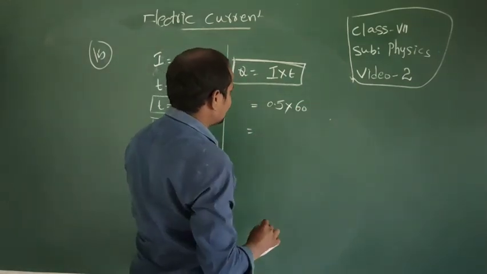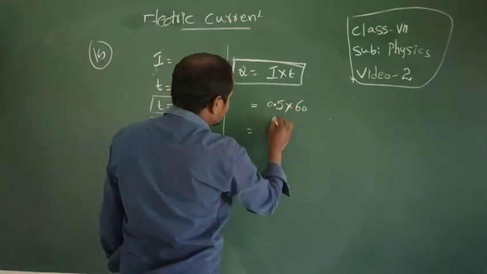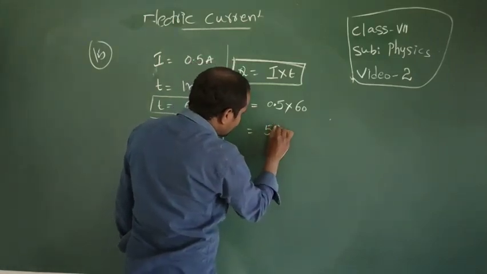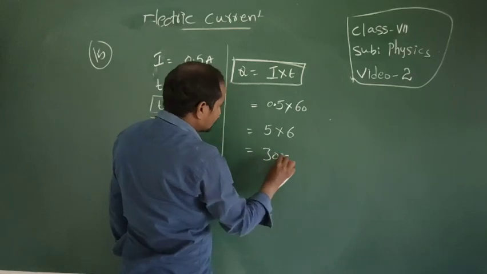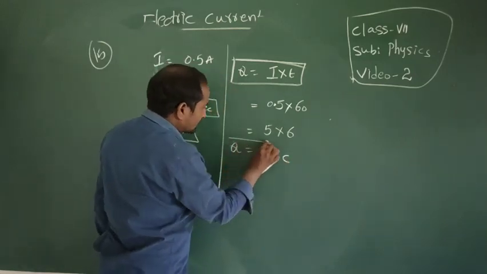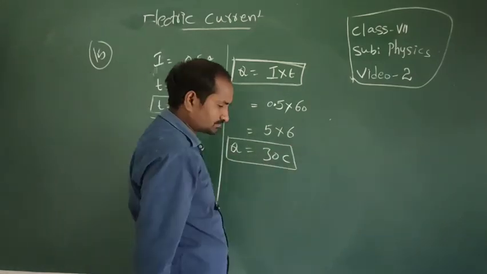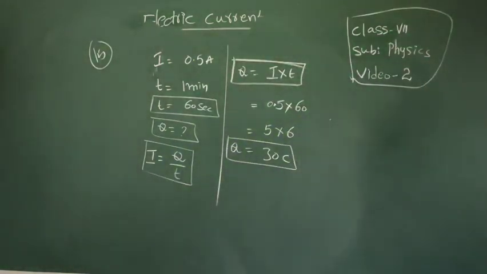So 0.5 into 60, we can write here 5 into 6, that equal to 30. Q equal to 30 coulombs.